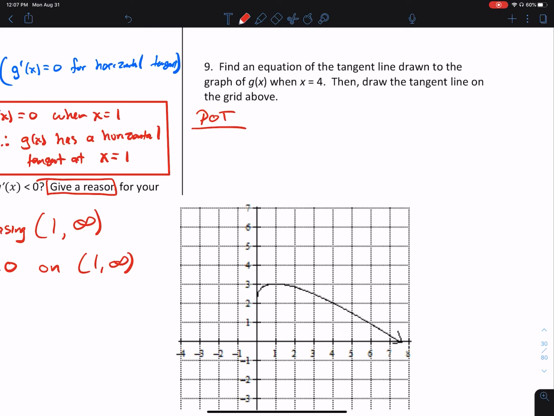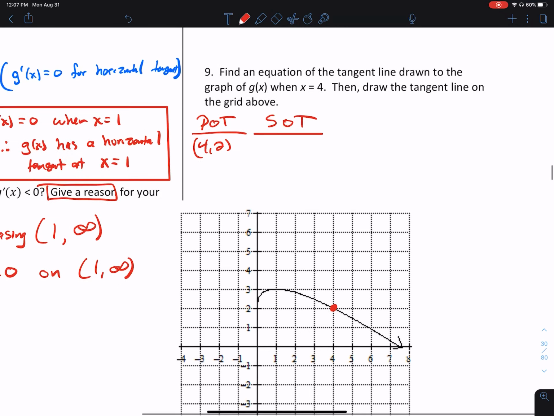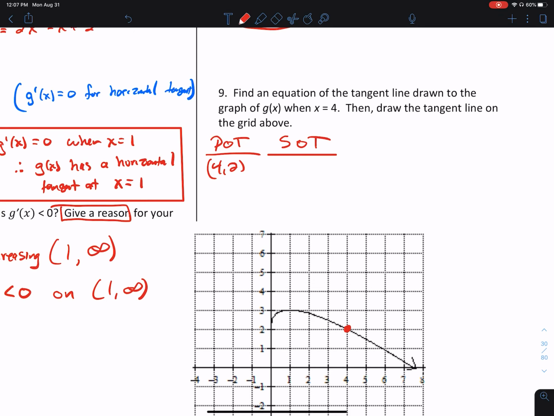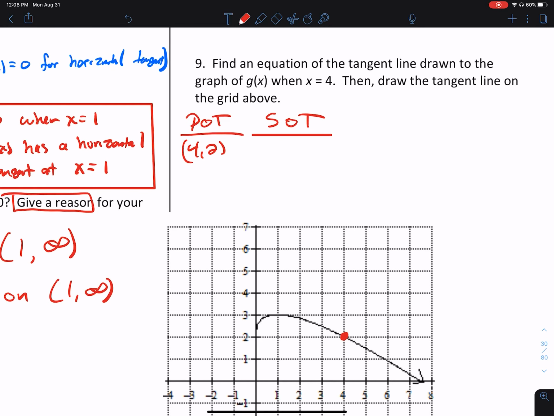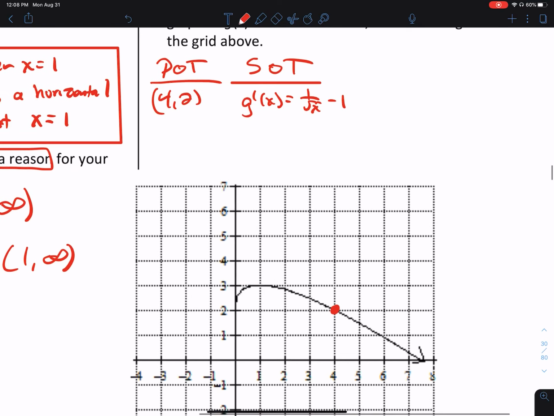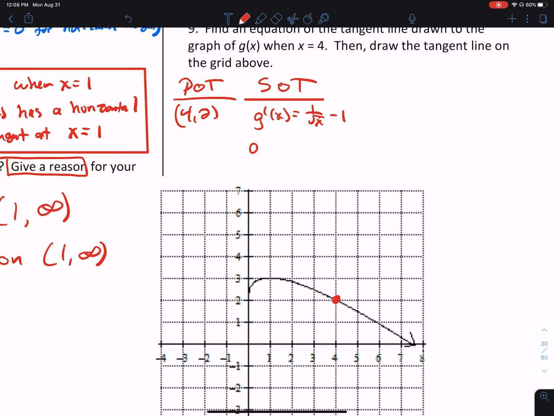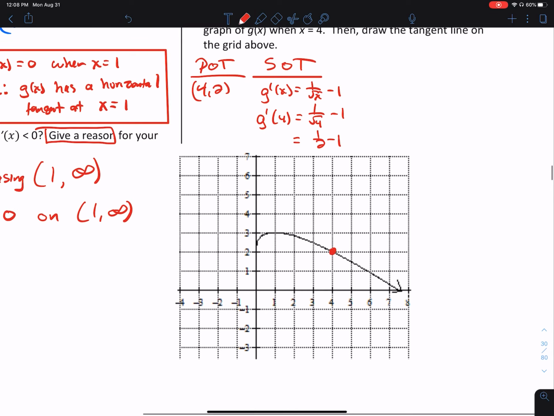So this is our point of tangency, which is the ordered pair 4, 2. Slope of tangency, not so simple. We take the slope of all the tangent lines, which is 1 over the square root of x minus 1. And we have to put a 4 into this to figure out what the slope is when x is 4. It's going to be a half minus 1, which is negative 1/2.